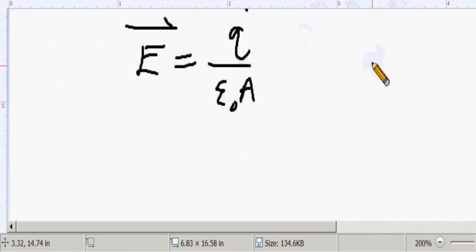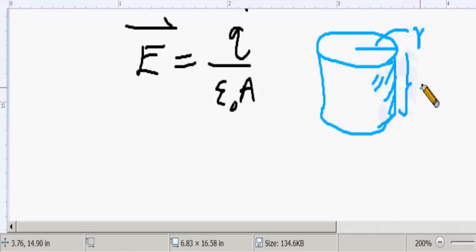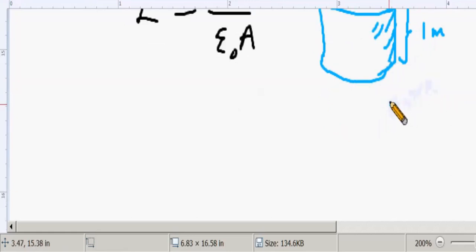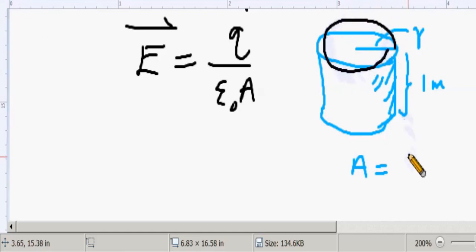So I will draw it again. The Gaussian surface is like this, a cylinder whose radius is r. If the radius is r, this height is 1 meter. So what is the area? Area is this length 2 pi r multiplied by this length 1.